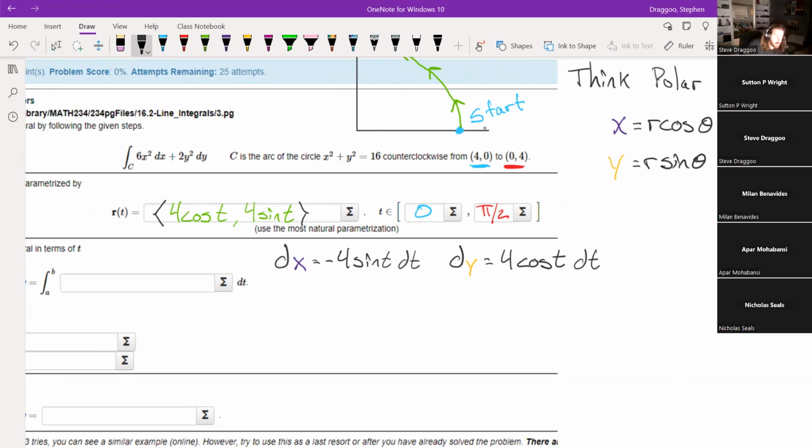I need 6x squared dx. So that'll look like 6 times 4 cosine t squared times -4 sine t. Then I need to add to that 2y squared. So 2 times 4 sine squared t. And then multiply that by 4 cosine t.